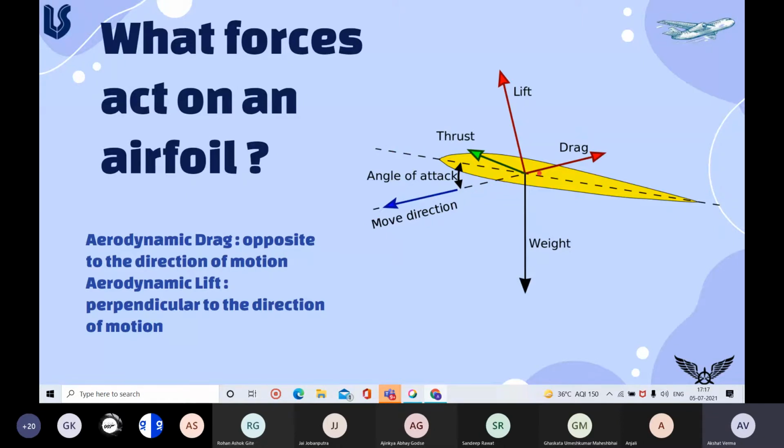So drag will always act opposite to the direction of motion of this airfoil. And what is lift then? The aerodynamic lift always acts perpendicular to the direction of motion. So these are the four main kinds of forces which act on an airfoil.